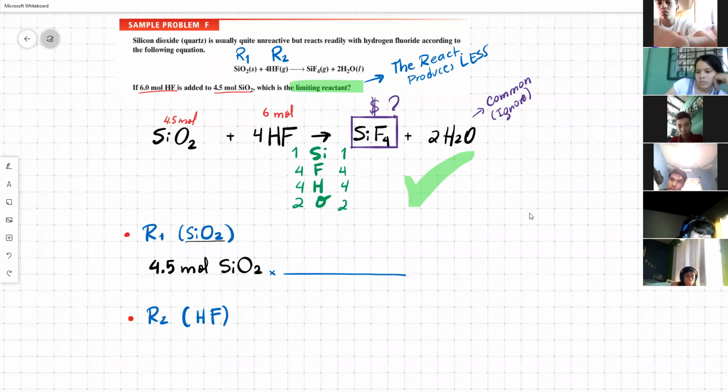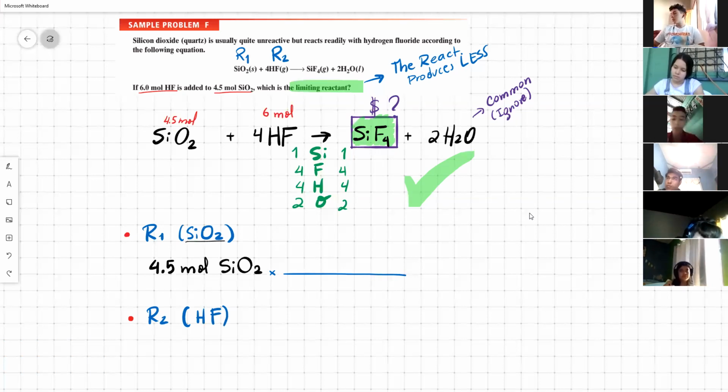To know which one produces less, I have to compare both reactants. That means I care about the product. What matters is the product. So I want to know which one of the two substances is producing less silicon tetrafluoride.